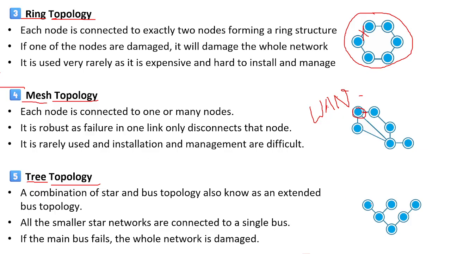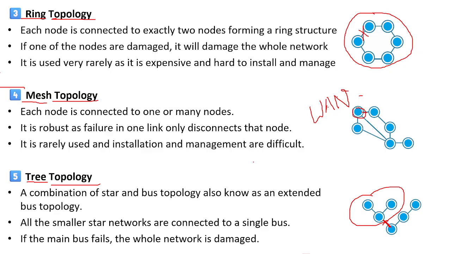All the smaller networks, like in this tree example, are connected to a single bus. If this bus, connecting to the smaller tree structures, fails, then the lower hierarchy will fail, so the whole network will get damaged.